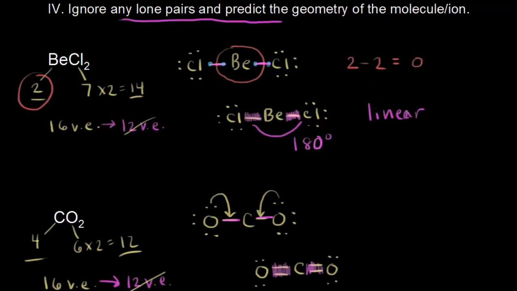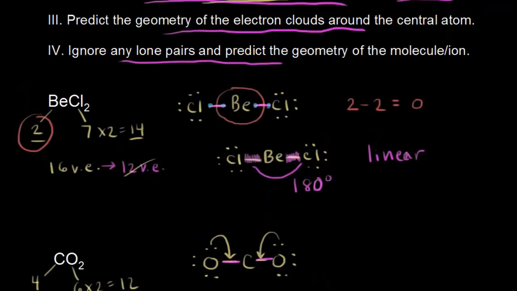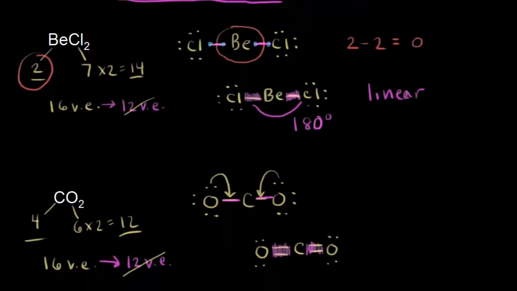So when we look at step 3, predict the geometry of the electron clouds around the central atom, those electron clouds are going to point in opposite directions. So once again, they're going to force this molecule into a linear shape. The carbon dioxide molecule is also linear with a 180-degree bond angle.